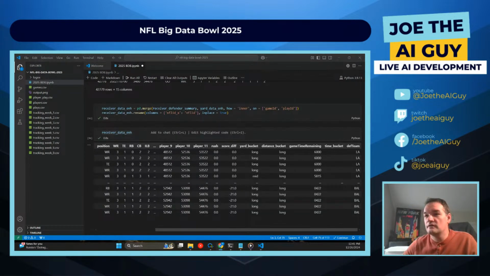Go look at the data table. Yes, from the play data.